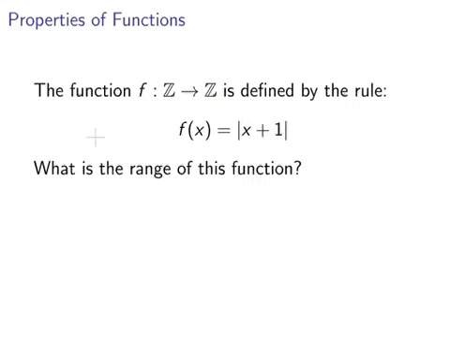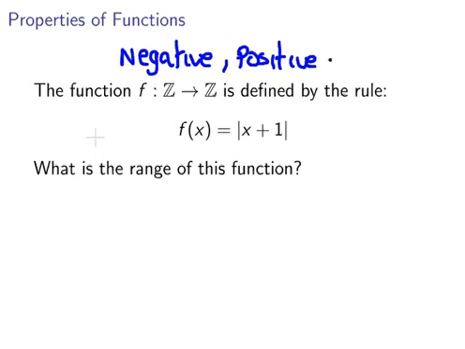So what is the range of this function? This is an important matter. We can only have non-negative integers. So let's look at the codomain first. This is negative integers, positive integers, and also 0.